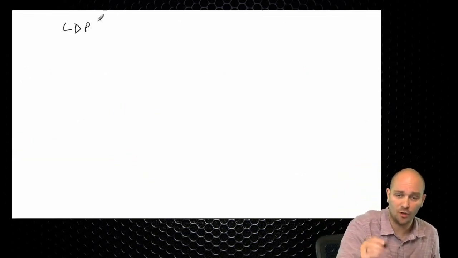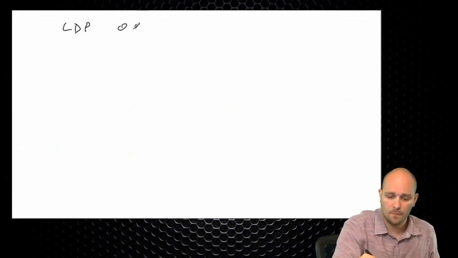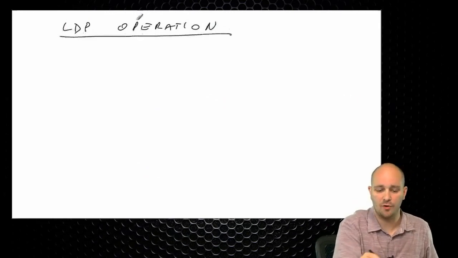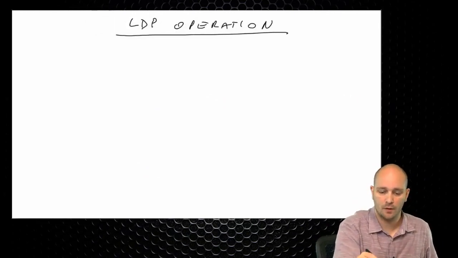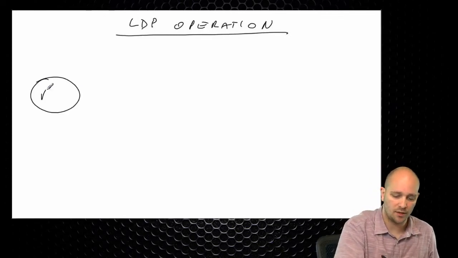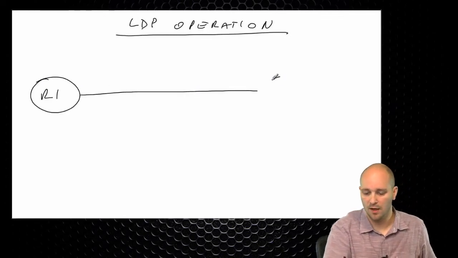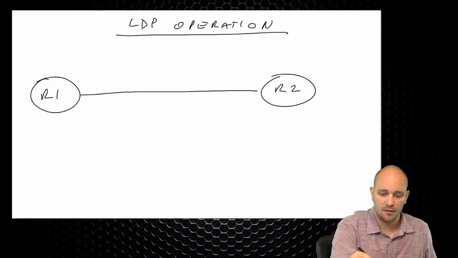So, I'm going to take a look at an example of LDP. Let's say that we have two routers. There is R1 here, and let's say that there is R2. In this case, we actually fired up LDP.